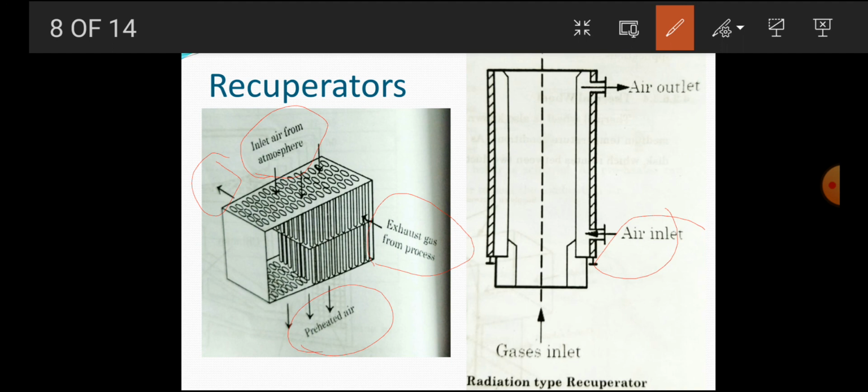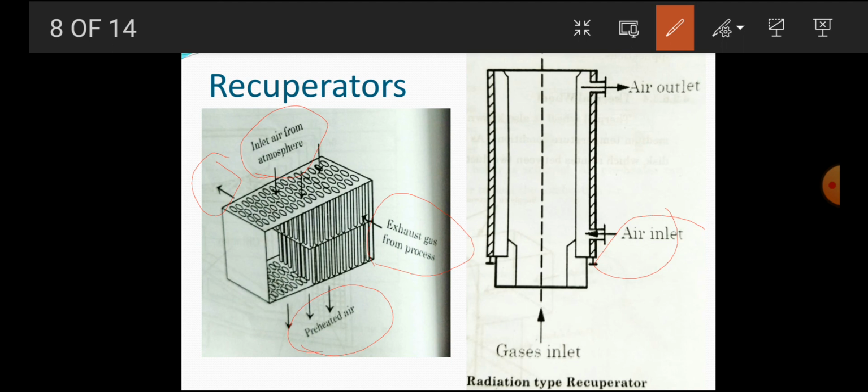Also, when the fuel supply is reduced, the quantity of exhaust gases gets reduced. Though this kind of recuperator is less efficient since there is no direct contact between hot gases and air, it is preferred in high temperature applications such as furnaces. So these are the main types of recuperators.